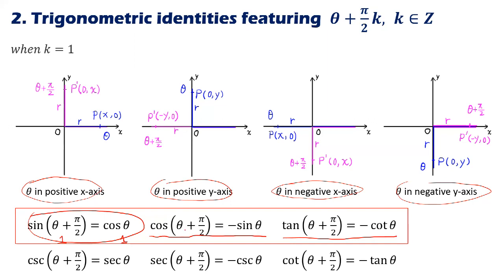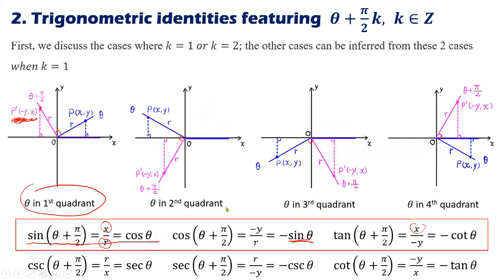So that means for any theta in the domain, these expressions hold true. Therefore, these can be called trigonometric identities, right? Because they are true for all theta in the domain. Understand?